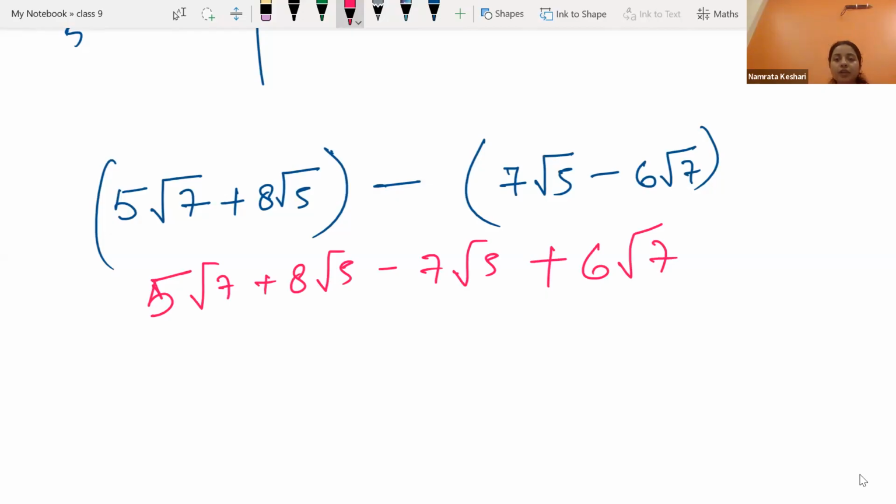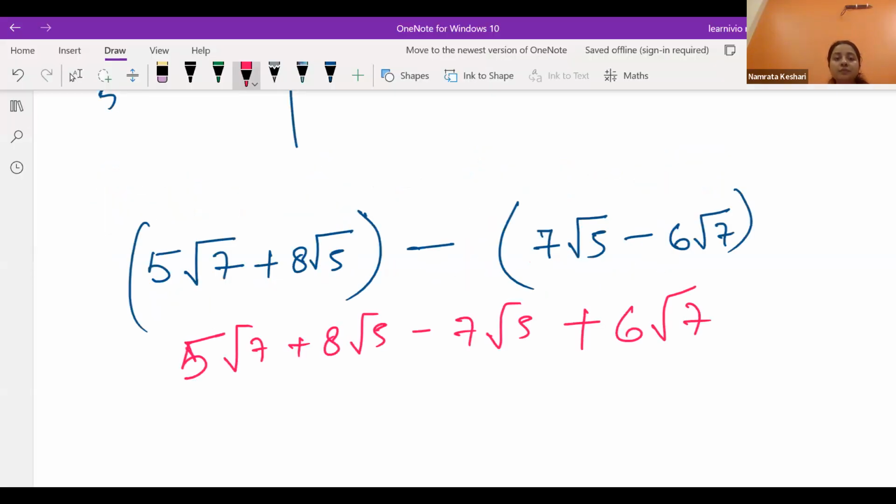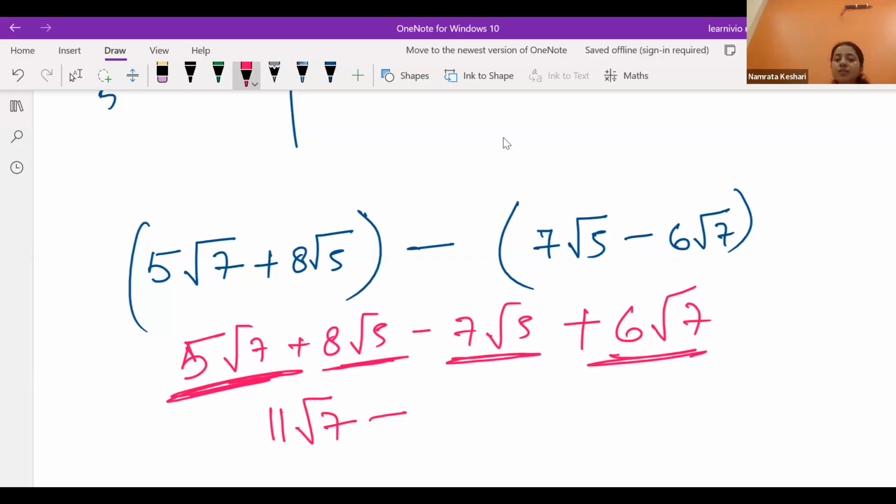So we are going to add this 5 root 7 and 6 root 7. 5 plus 6 is 11 root 7. Clear? Clear, ma'am. 8 root 5 minus 7 root 5 will be 8 minus 7 is 1 root 5, so just root 5 we can write.